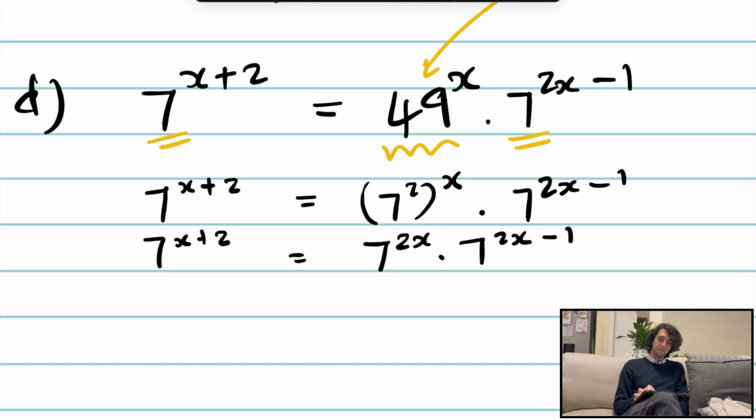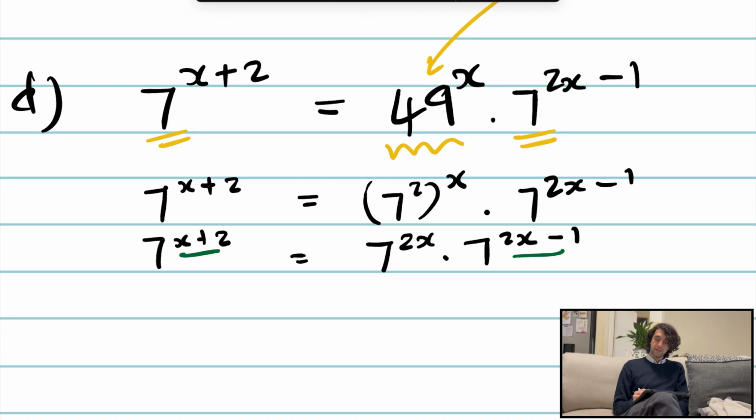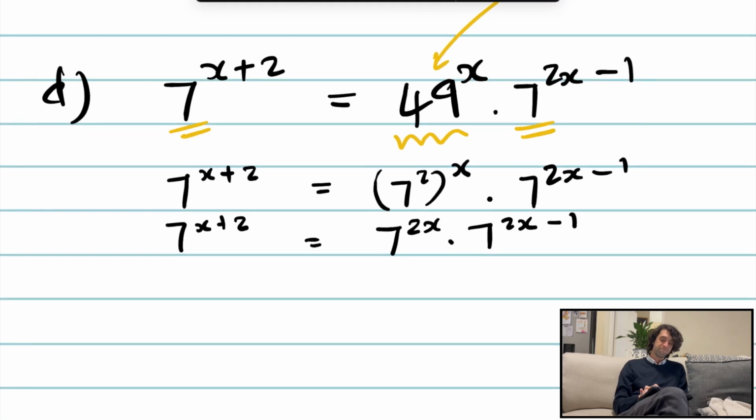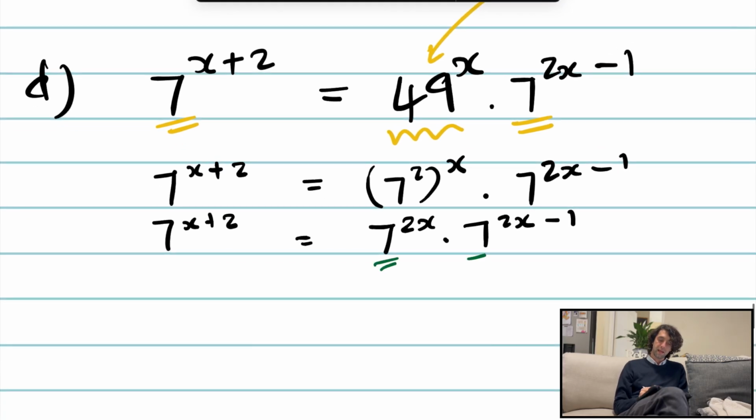And now some of you might be thinking, hey, should I split this using my inverse law? Well, it's not necessary in this case. We actually want to combine these together, because once we have the bases together, and the bases are the same on the left-hand side and the right-hand side, we can then drop the base. You also might be thinking, hey, can I just drop the base now?